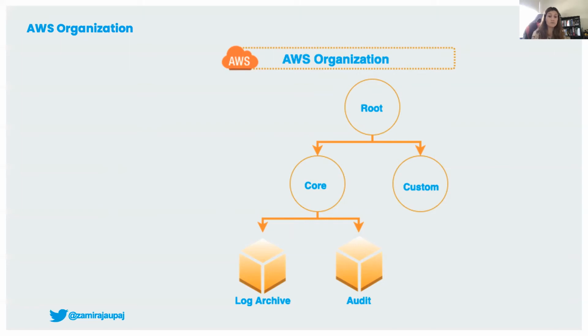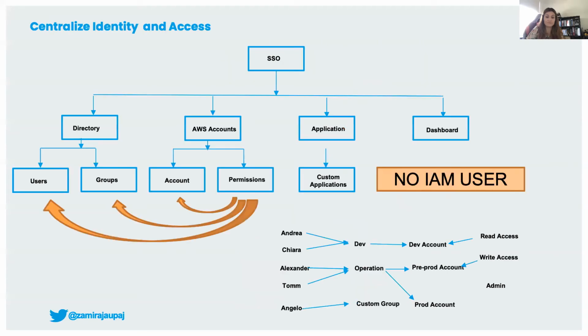Under root, there are two main groups, core and customers. Under core, there are two AWS accounts, log and audit. Both of these are shared accounts. In the log account, we share the logs, and in the audit account, the security and compliance. Under customers, there is no account set up by default by Control Tower. However, this is where you can set up your environments in this organization.